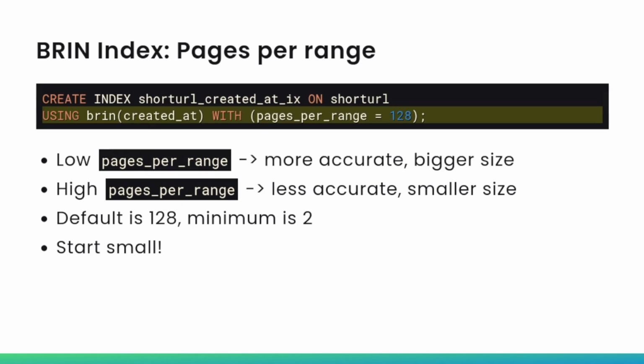The higher the pages per range, the smaller the index, I have fewer entries, and the less accurate it gets, okay? The default is 128 and the minimum is 2. I usually recommend starting very small and gradually increasing, okay?